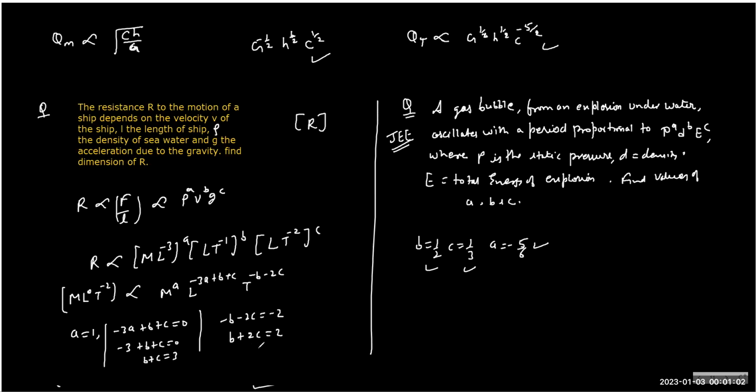So 3 plus c, 2c equals 1. And c equals 1 means b equals 2, right? So we're getting a equals 1, b equals 2, c equals 1. Rho V square g. Anyway, this could be the answer.